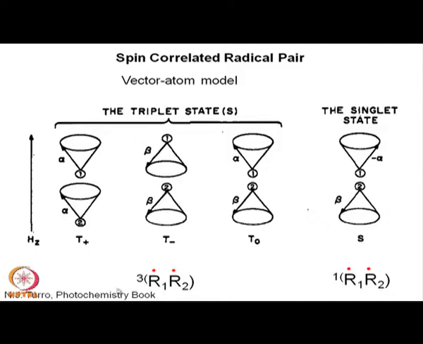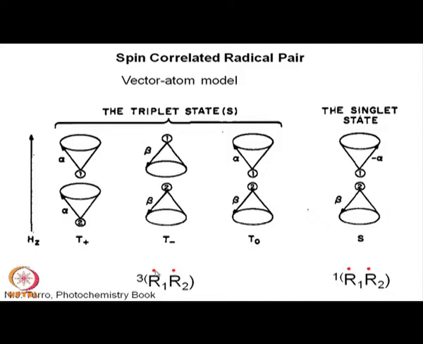And R1 and R2 are the two radical centers. Suppose initially there was a bond between R1 and R2, and when this bond is ruptured homolytically, one unpaired electron will sit on R1 and another on R2.